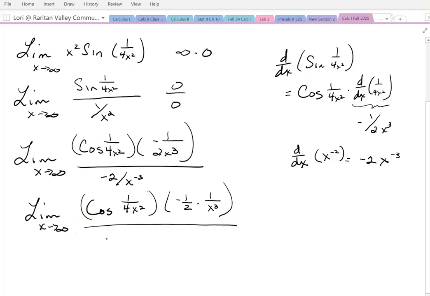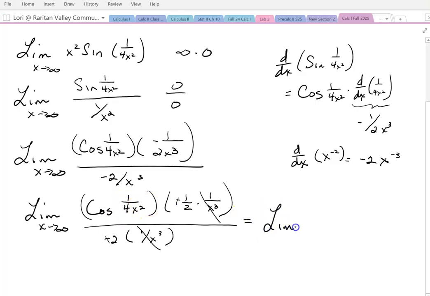And then I'm going to write this one as negative 2 times 1 over x cubed. I apologize. Only because you can clearly see these cancel away and the negatives cancel away. That's the only reason I did that.